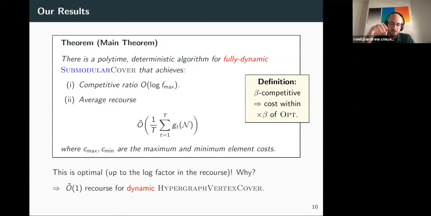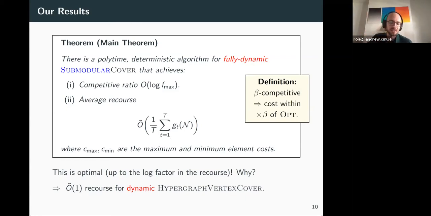They were saying, is the ith edge covered or not? And so this sum over time is at most big T, the total time. And when we're averaging over time, this just gives 1. And so this is giving a constant up to the log factor, a constant recourse bound for dynamic hypergraph vertex cover. And you really can't do any better than this.